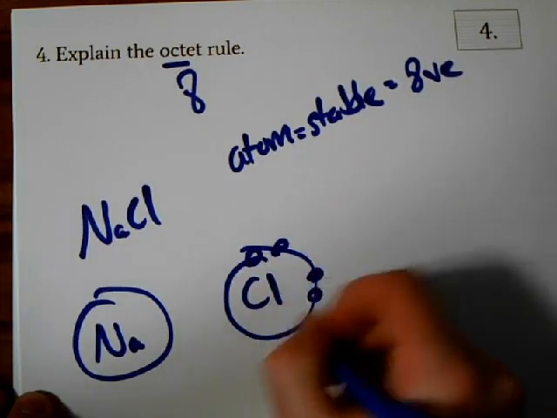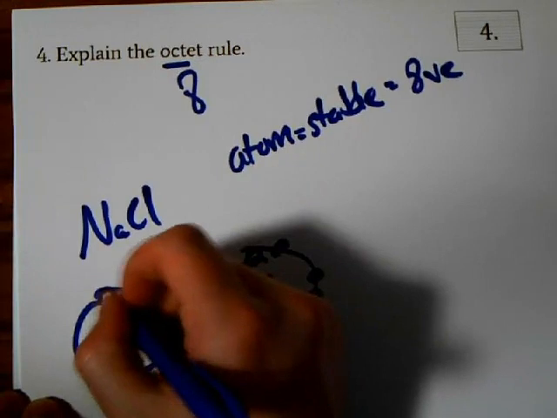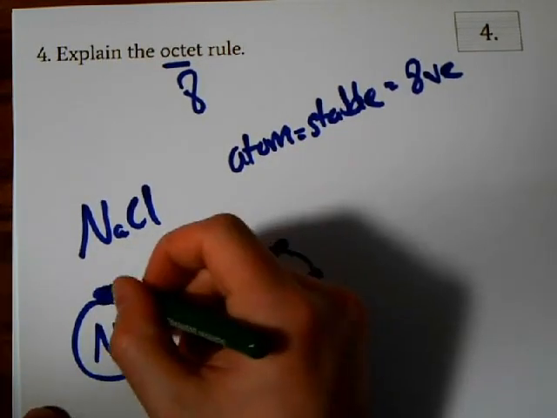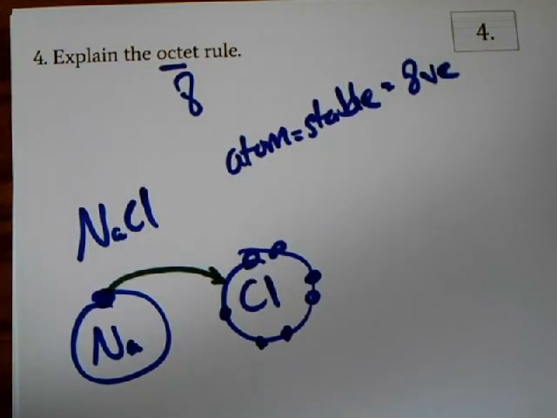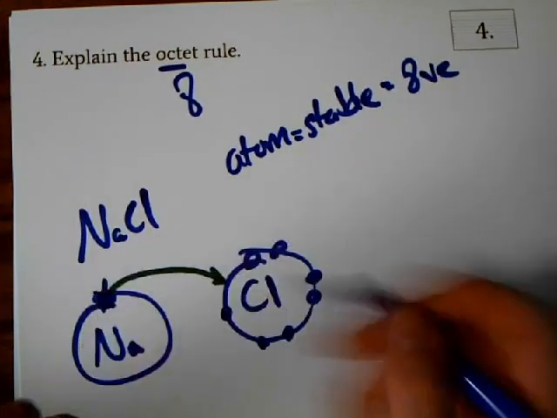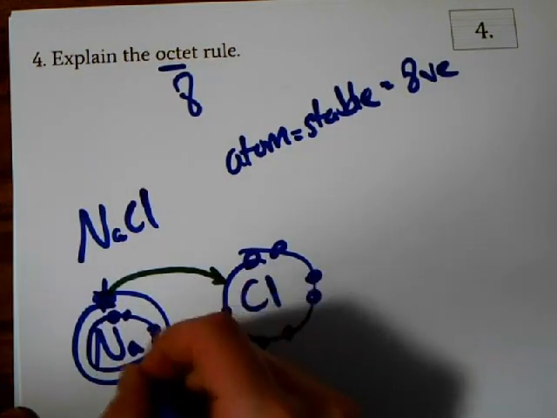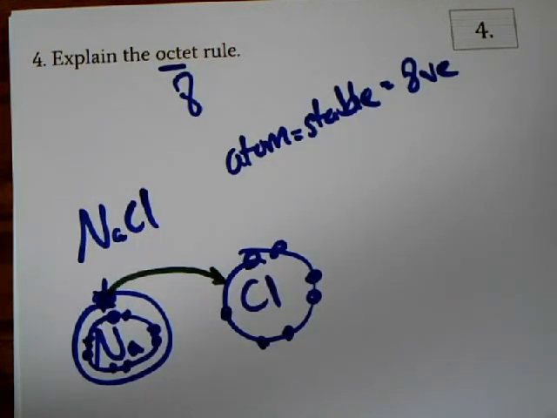Well, chlorine has 7 valence electrons. Sodium just has 1 valence electron. So what sodium and chlorine are going to do is sodium's going to want to get rid of its valence electron, and chlorine's going to want to take it, because when that is gone, when it's given over to the chlorine, sodium's new outer shell is the one that was just underneath, which is now full.